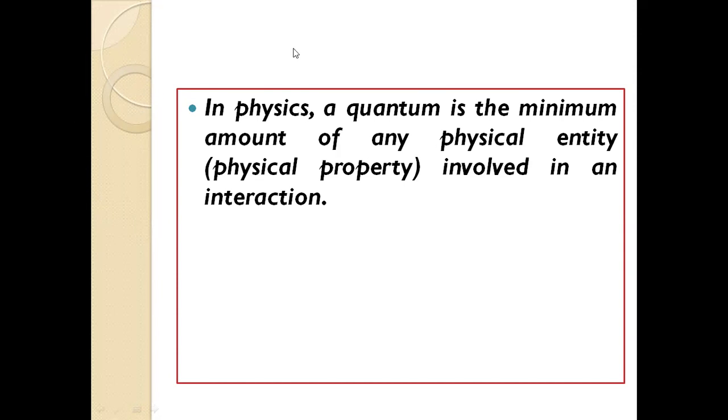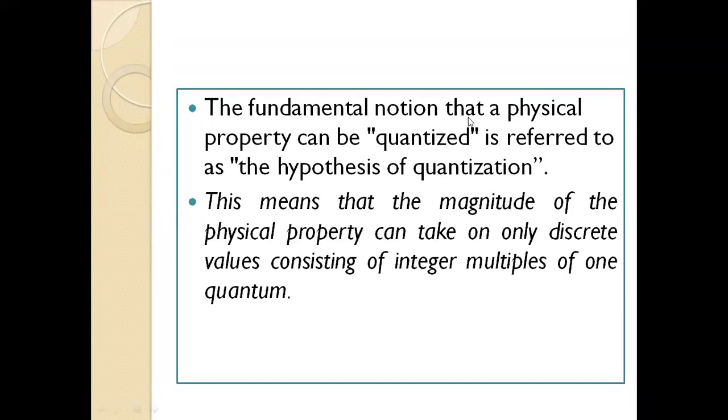The fundamental notion that a physical property can be quantized is referred to as the hypothesis of quantization, which means that the magnitude of the physical property can take on only discrete values consisting of integer multiples of one quantum.